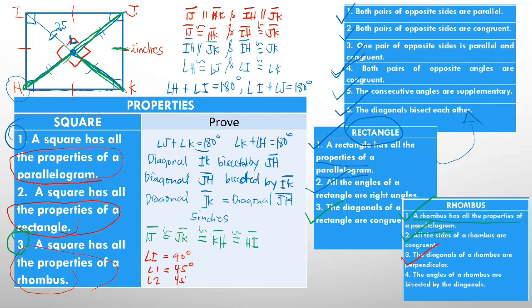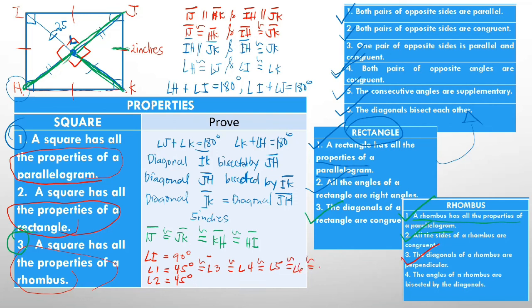Since angle I, J, K, and H are equal and congruent, therefore, yung ating angle 1 is congruent sa angle 2, and it is also congruent sa angle 3, angle 4, and also congruent sa angle 5, congruent sa angle 6, and also congruent sa angle 7 and angle 8, since we have the angle 8.